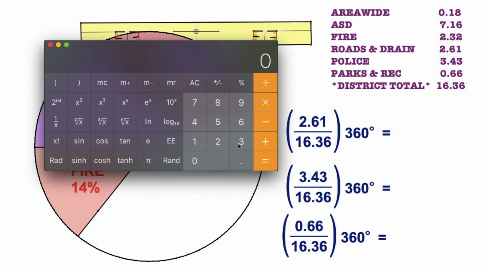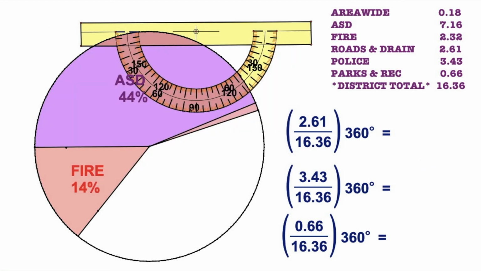And again, you notice I like doing this without the decimals. 261 divided by 1636 equals 15.9, or closest number, 16%. 16%, keep that in mind, times 360. This means 16% of 360 is 57.4 degrees. So let's put that in there.